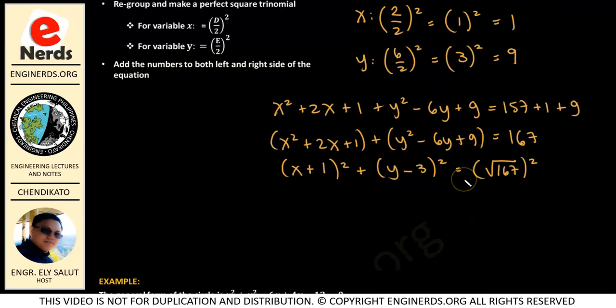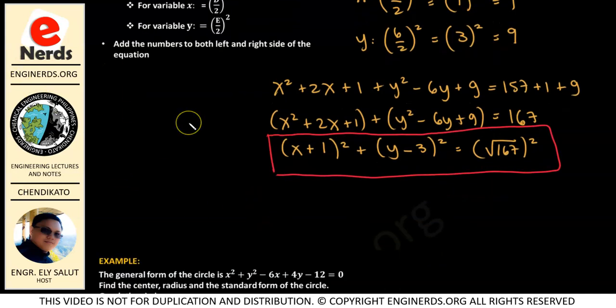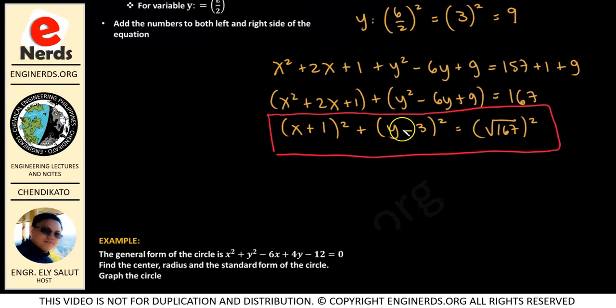So, now we have our equation of the circle in standard form. So, ito yung magiging sagot natin. So, pinahanap din sa atin yung value ng ating radius and also yung coordinate ng ating center, no? So, ang coordinate ng ating center is having h and k. So, kunin muna natin yung value ng h. So, our h is equal to, okay, so, this should be negative, no?